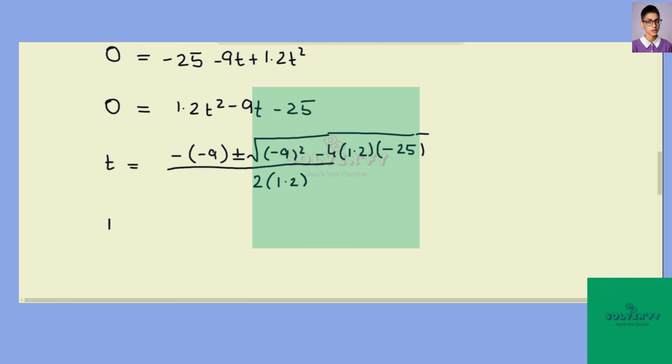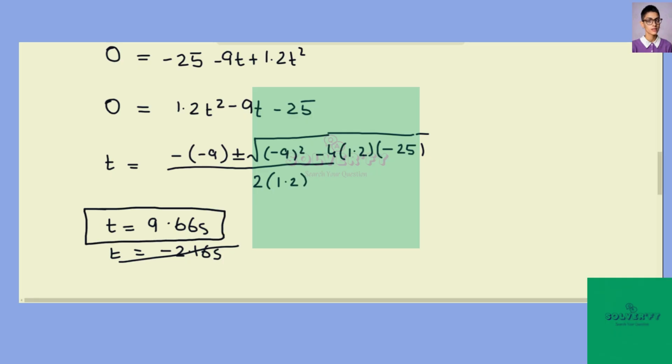Simplifying this with a calculator gives one value of t as being equal to 9.66 seconds, and the other gives negative 2.16 seconds. So we'll just go ahead and discard the negative value. So our required answer is t equals 9.66 seconds.